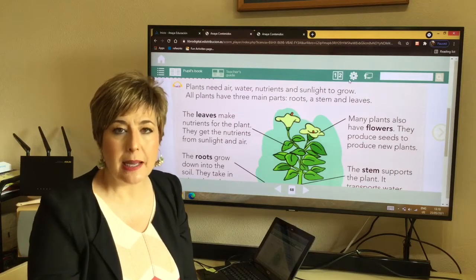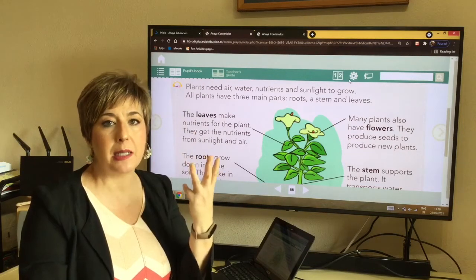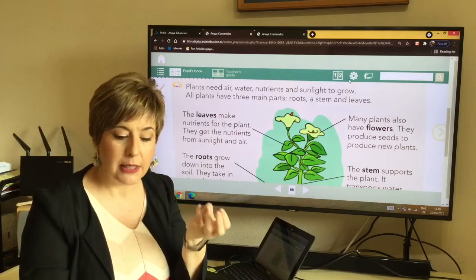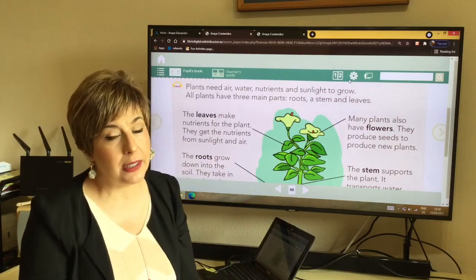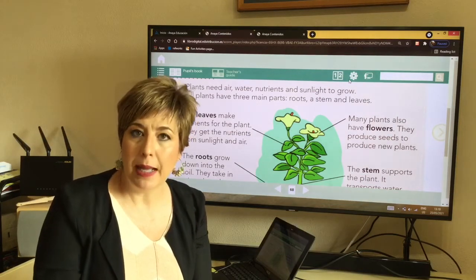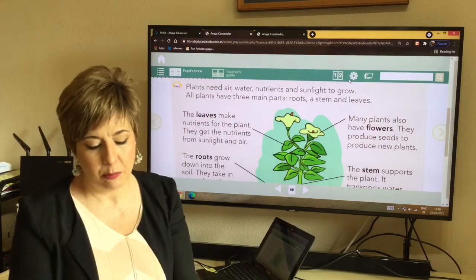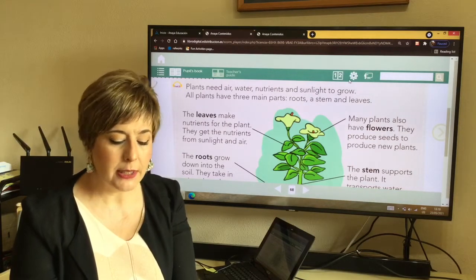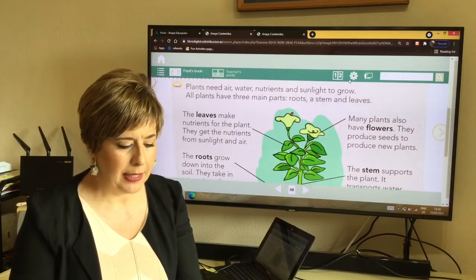According to the stem, we have studied three types of plants: trees, bushes, and grasses. And according to their leaves, we have studied deciduous plants and evergreen plants. Then we have also studied the uses that people make of plants.